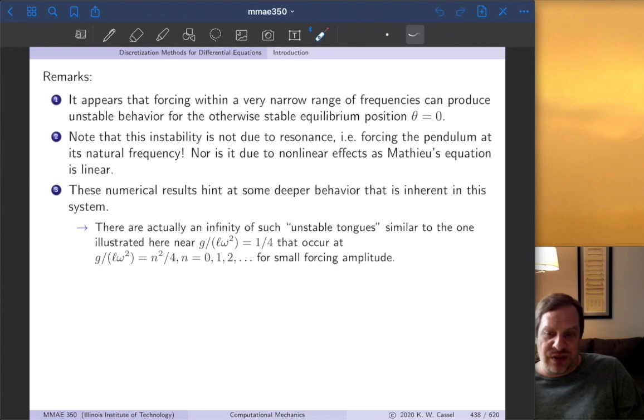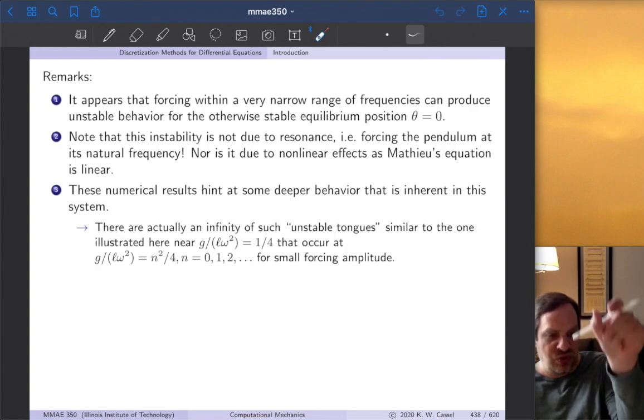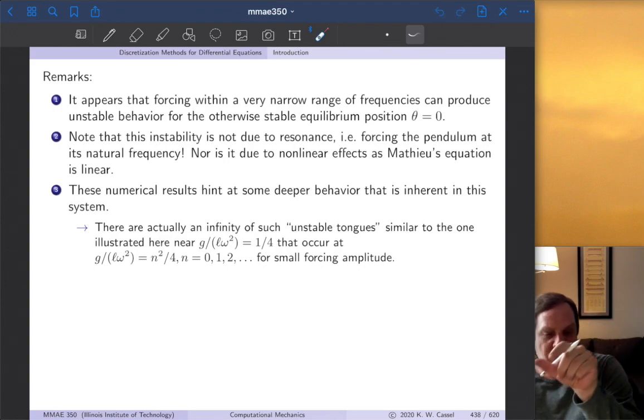Now it turns out that there's an infinity of these, what we call unstable tongues. So there's a tongue, a narrow range of omegas, for which we get this unstable behavior. So it's stable, then unstable, then stable. And it turns out there's an infinity of these.